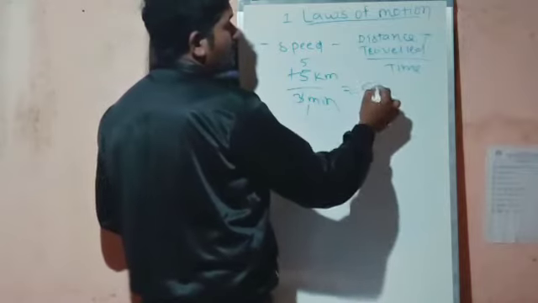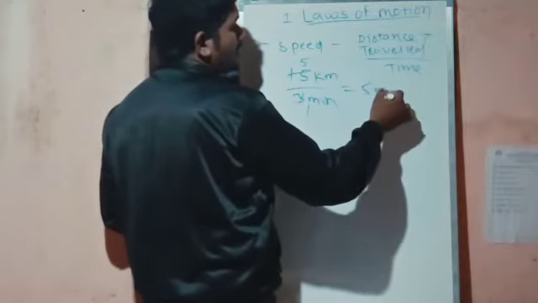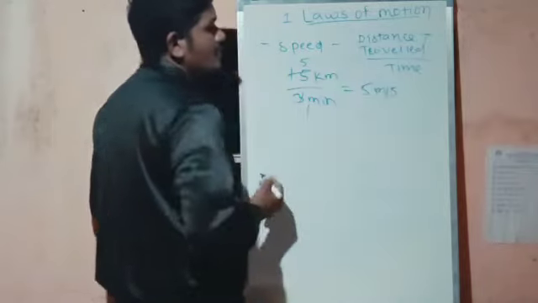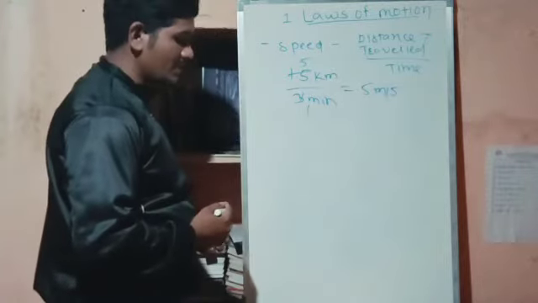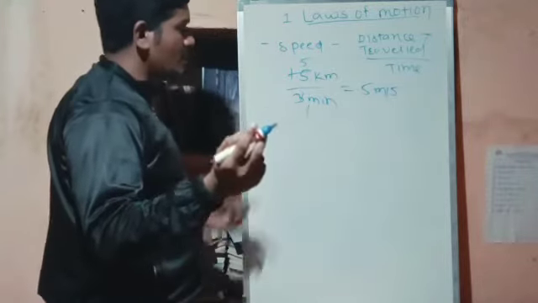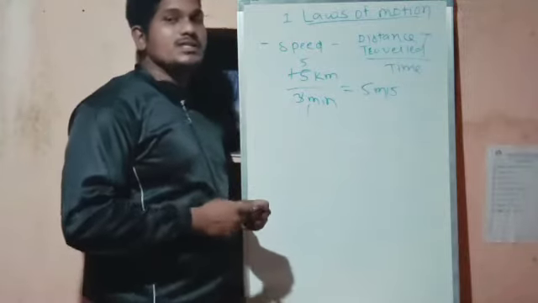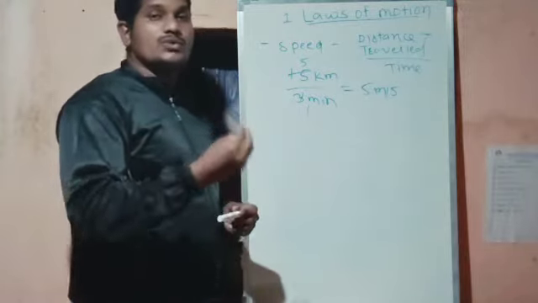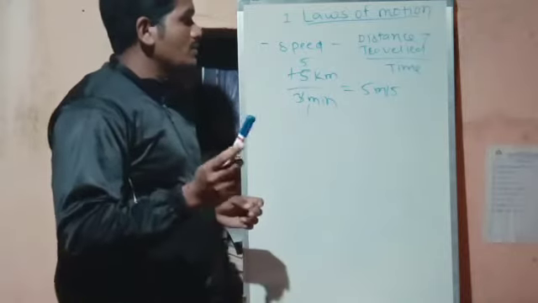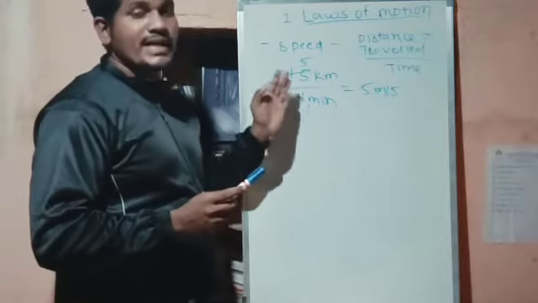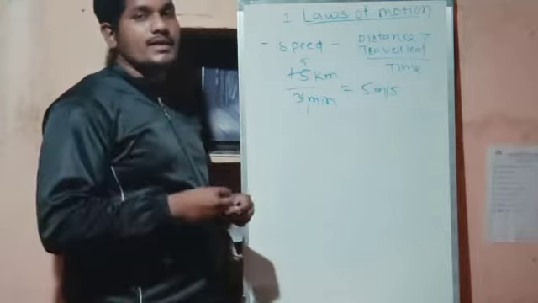So 5 meter per second will be the answer. This is the speed with which you reached school from home. This is one example I have given you for your better understanding.